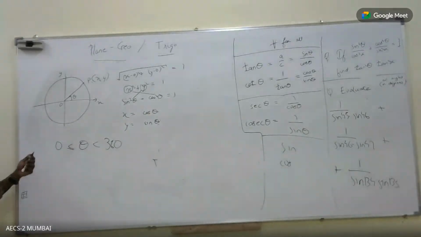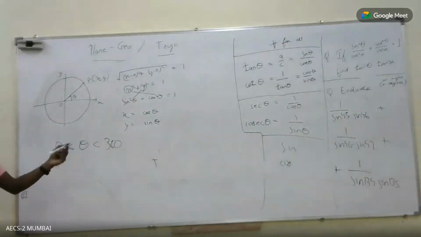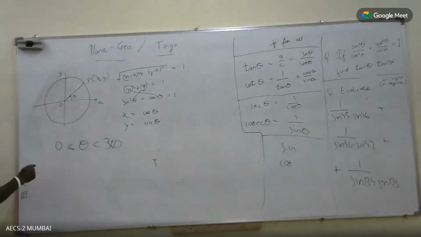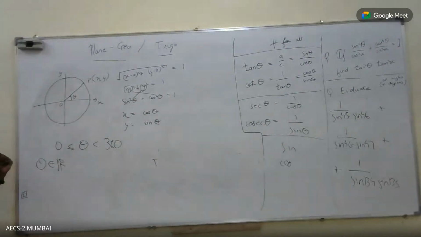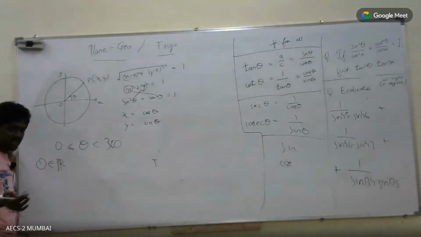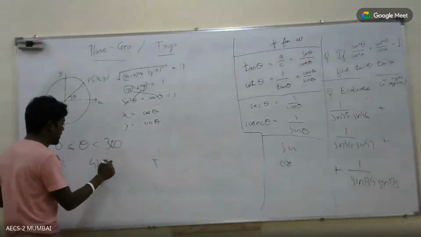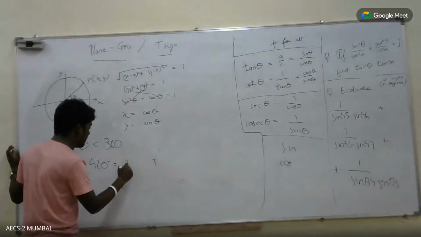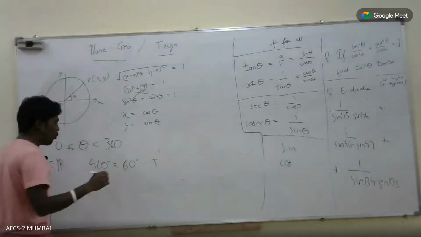Right. So we have defined cos of theta and sine of theta for higher angles, that is angles beyond 90, and now we generalize it to all theta, that is theta belonging to real numbers. How will we do that? Well, we say consider theta mod 360. That is, if we have an angle of 420 degrees, that is equivalent to an angle of 60 degrees. Why is that?